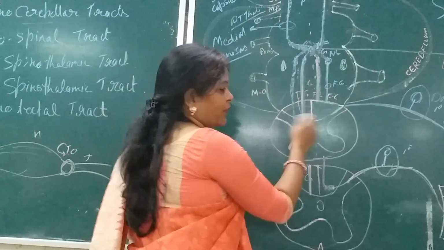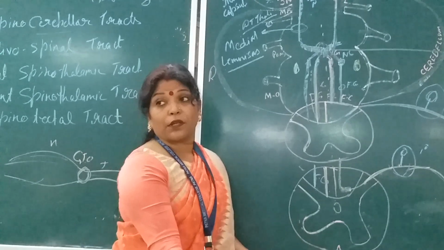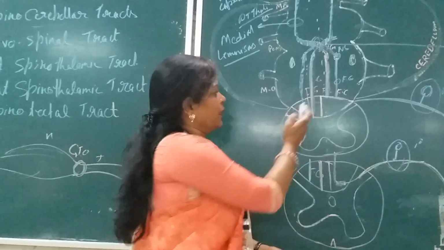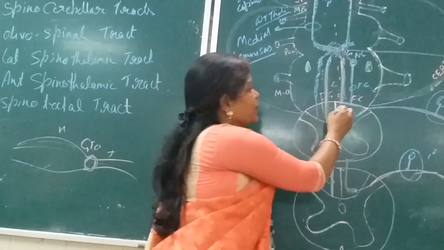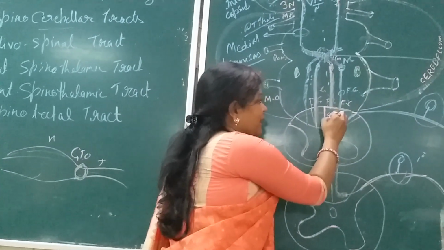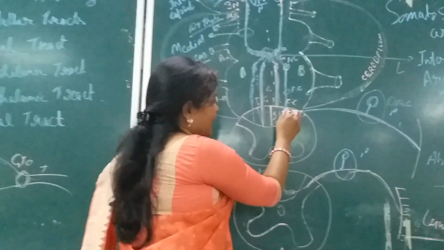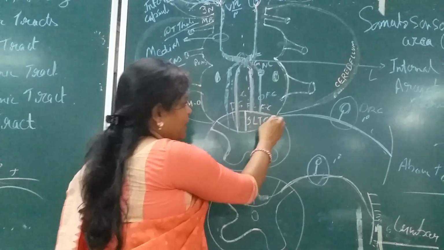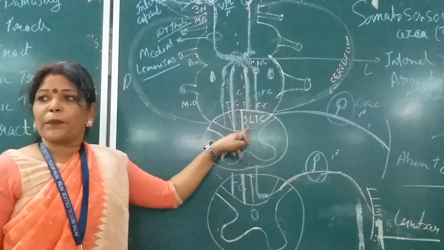So what will be the arrangement of fibers from the leg to the cervical area? That is, legs are medially placed. That means the sacral, then the lumbar, then the thoracic, then the cervical. Isn't it? This is the somatotopic arrangement.